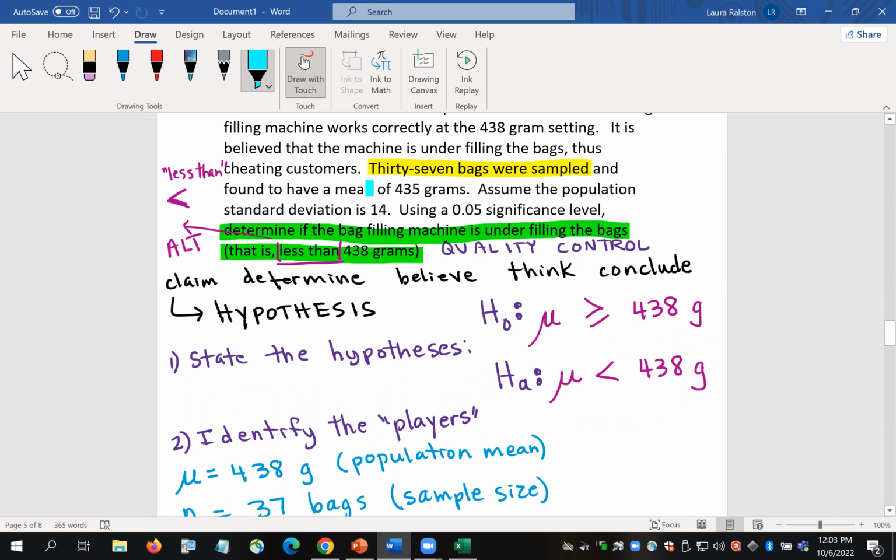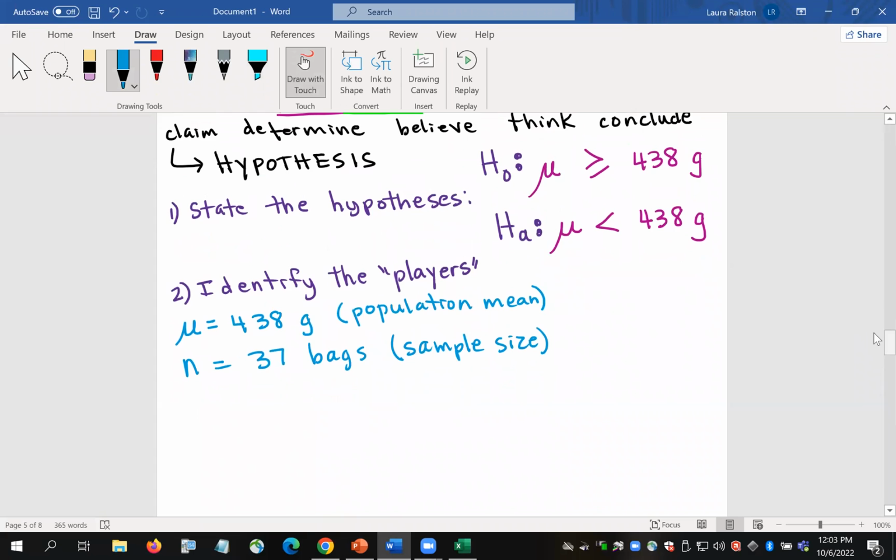You've got to kind of read between the lines because it's talking about the 37 bags that were sampled, and those 37 bags had a mean of 435 grams. So that 435 grams refers to your sample mean. So the sample mean for those 37 bags was 435 grams.